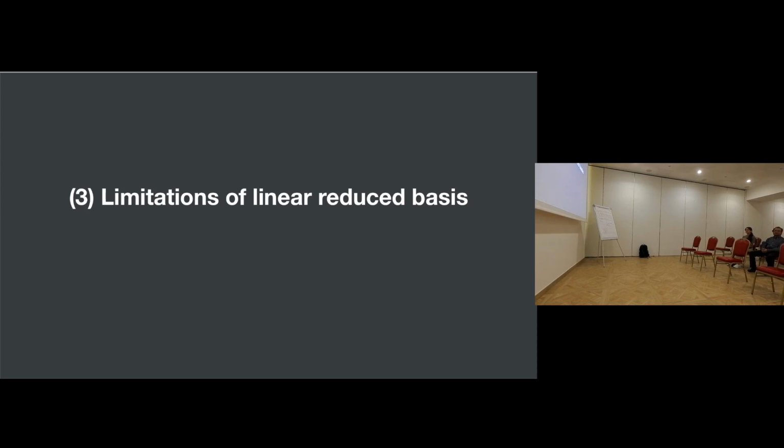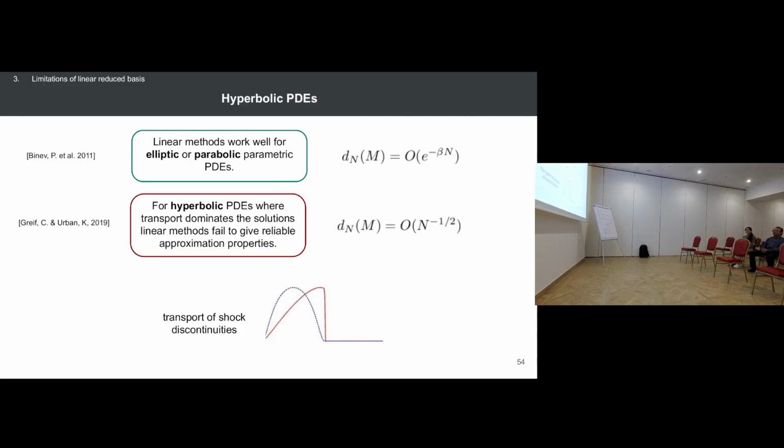Just this small part to tell about the limitations of these linear spaces. You have seen practical examples that work pretty well, but of course you cannot solve everything. There are always limiting scenarios. You have seen that for elliptic and parabolic problems you have this exponential rate.